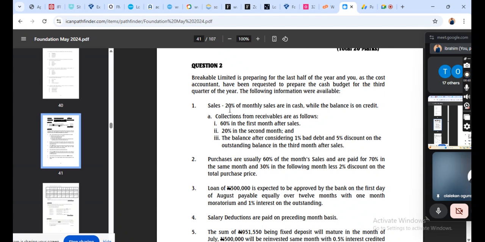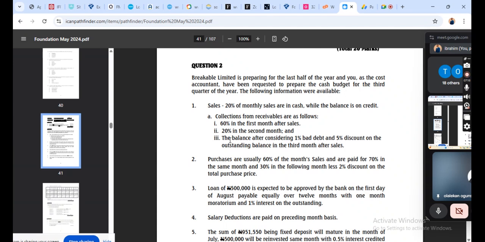Because if you have 20% of monthly sales in cash, the balance is on credit. The balance ideally is supposed to be 80. But now you have 60, you have 20, and the balance is still telling you that, after considering 1% bad debt and 5% discount on the outstanding balance.